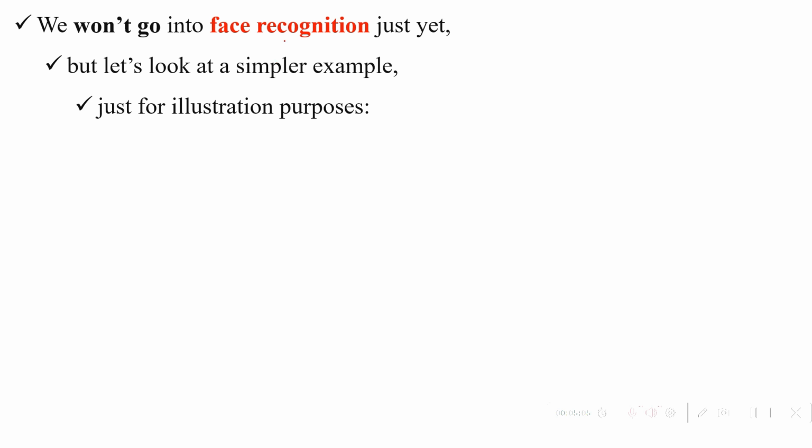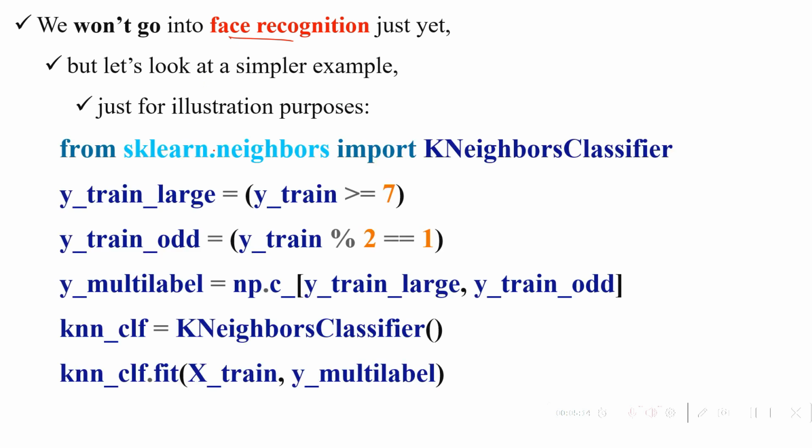Instead of a face recognition system, let's look at some simple examples. From sklearn.neighbors import KNeighborsClassifier. Here y_train is one class label, called y_train_large, equal to y_train greater than or equal to 7.